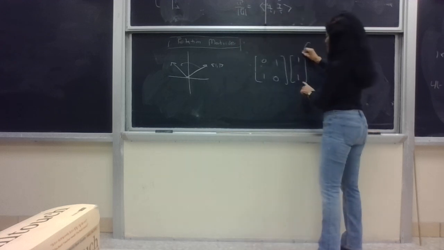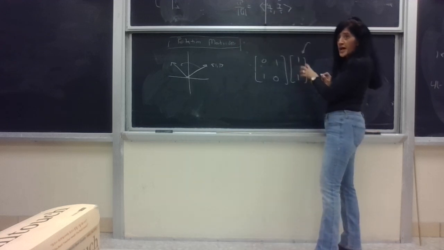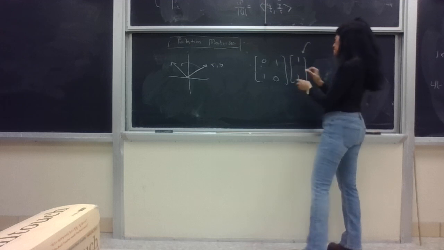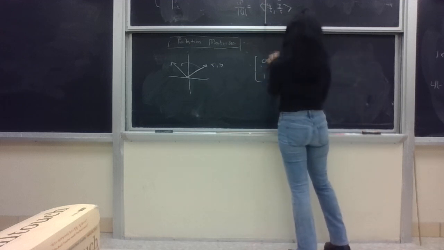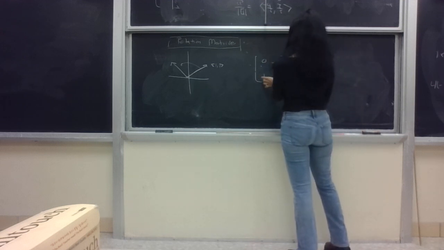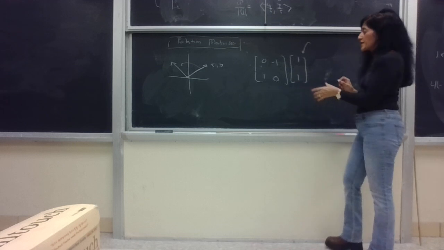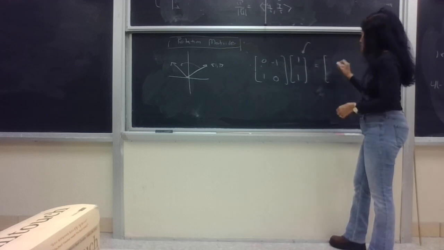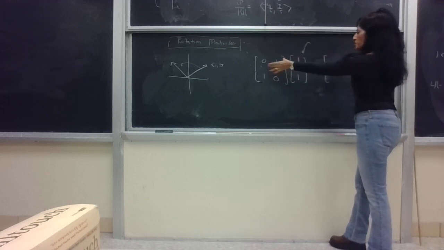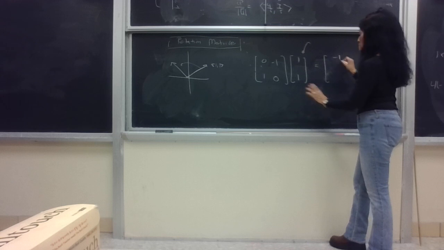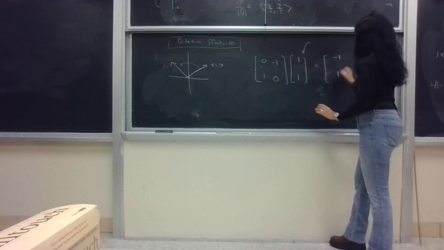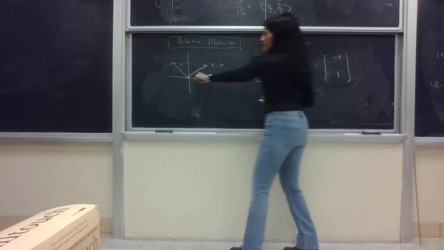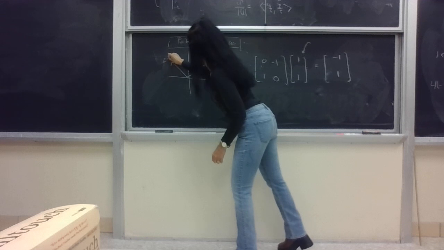This is another form of writing your vectors. You multiply by this matrix. If you do this dot product right here, you get -1. You do this product right here, you get 1. And look over here, that's exactly -1, 1.